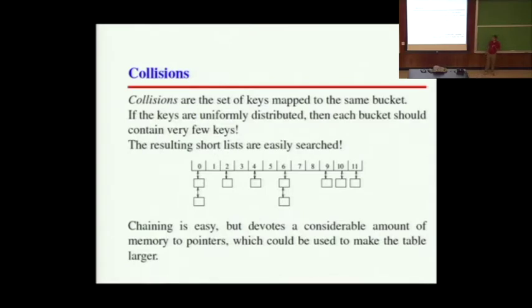So any questions about how we're maintaining the hash table? If you have this magic function that maps keys to integers, this will give you a fast data structure, provided that hash function does a good job spreading the keys around.